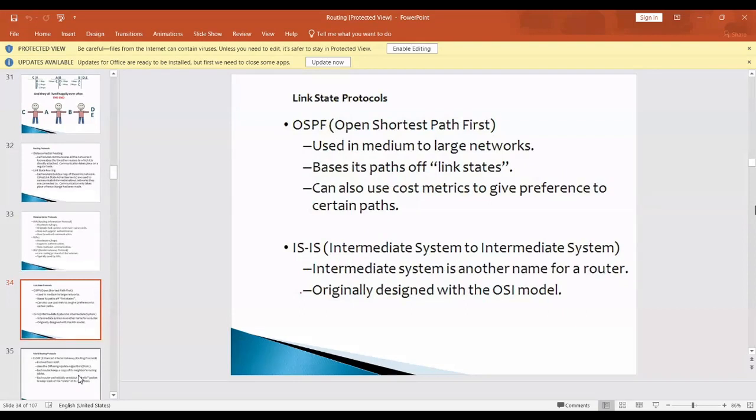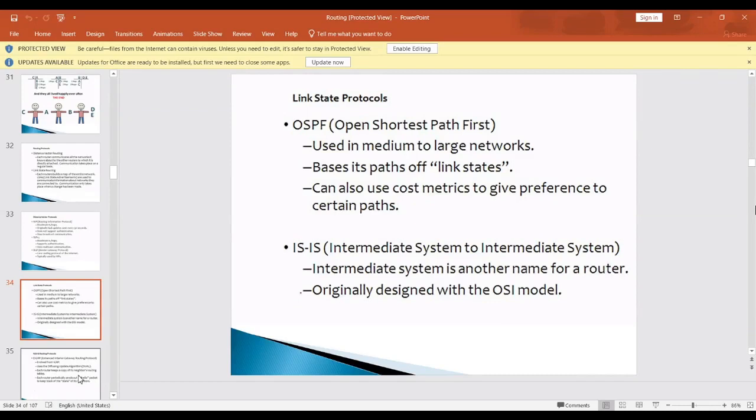And if you look at the link state protocols, under the dynamic routing protocols there are two types. One is distance vector, under which we have seen different routing protocols earlier. Now this is link state routing protocols. Under link state routing protocols there are two types, that is OSPF and ISIS. OSPF means Open Shortest Path First.